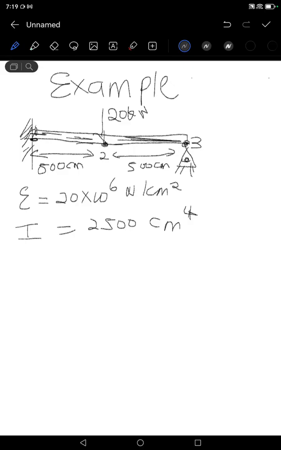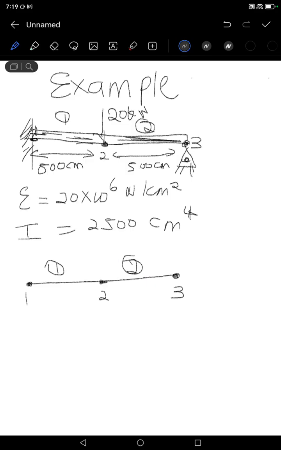So the first step here is to divide this beam into two parts. So we're going to have to draw a free body diagram, with element 1 and element 2. We draw a free body diagram like this, where we have node 1, node 2, and node 3, and then the first element and second element.